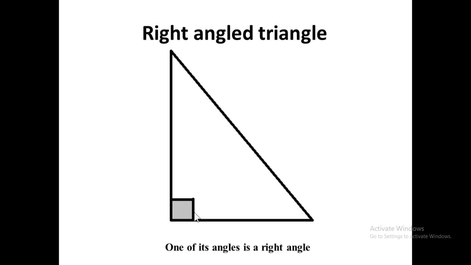Then the right angle triangle, having one of its angles to be a right angle, which is 90 degrees. So this is all about triangles and their properties and the different triangles we could have. In the next video, we are going to talk about some theorems in triangles, and we are going to use them to solve problems.